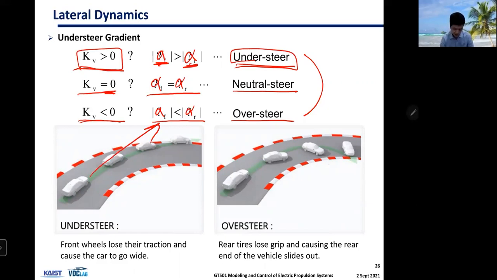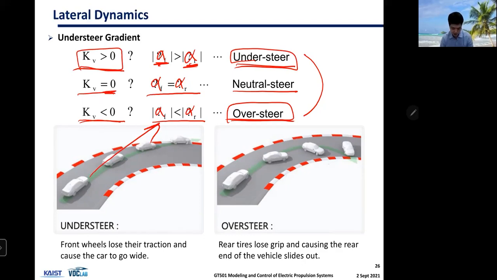But in the case of K smaller than 0, you're going to have oversteer behavior. That means the rear wheel will slip more than the front wheel, and this is a very dangerous case because your vehicle can spin off.